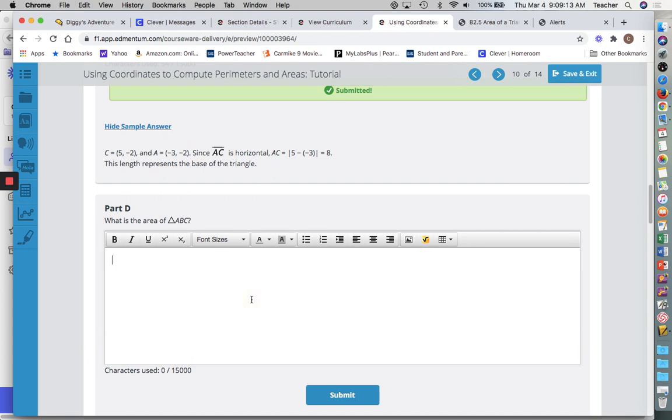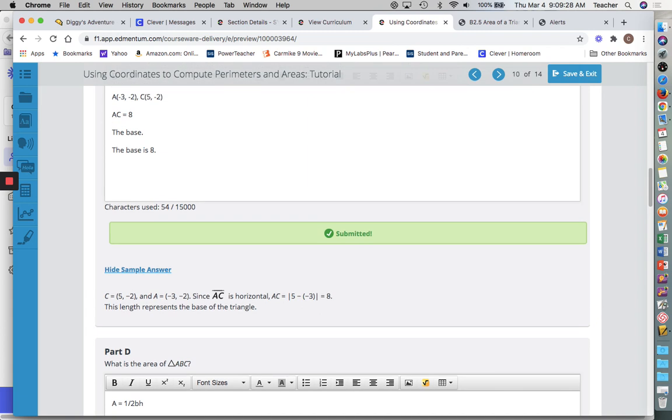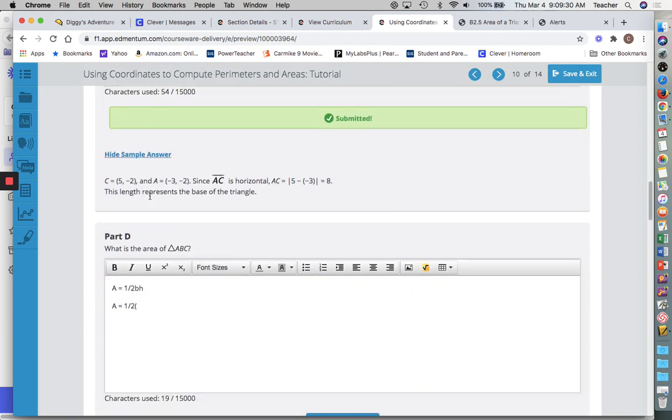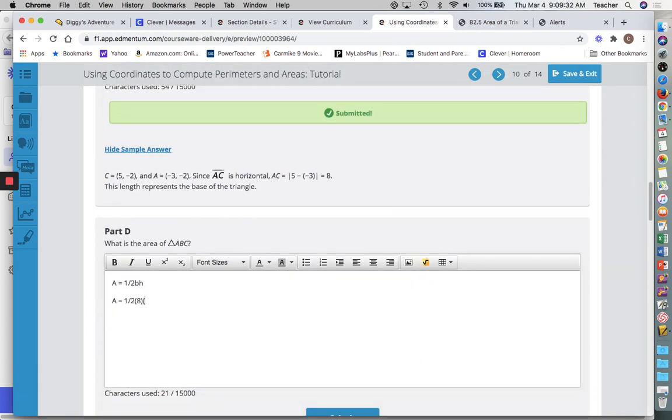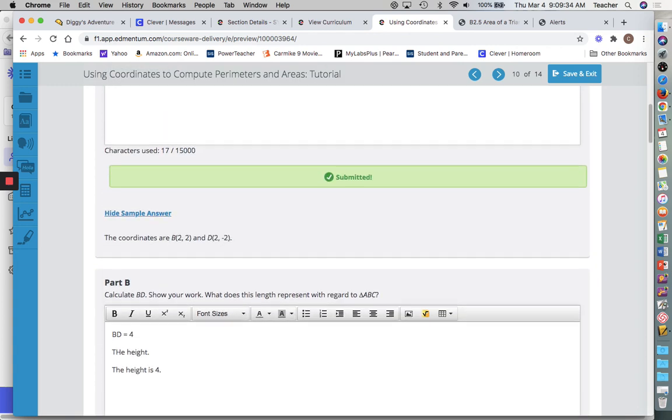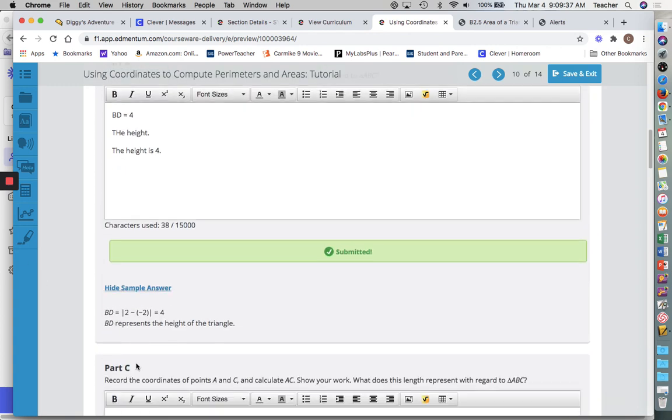All right, what is the area? Okay, so you need to know the formula for the area of a triangle. Its area is 1/2 base times height. So we're going to have 1/2. The base was the 8. The height is 4.